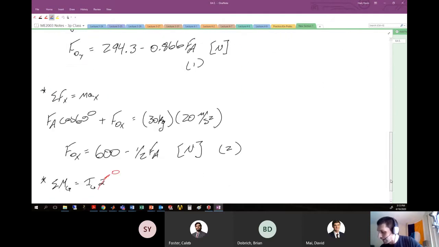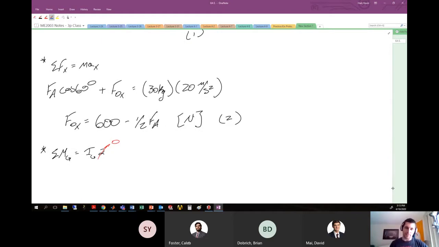All right, so the contribution from that force at A is simply going to be the magnitude of that force multiplied by the length between the two.